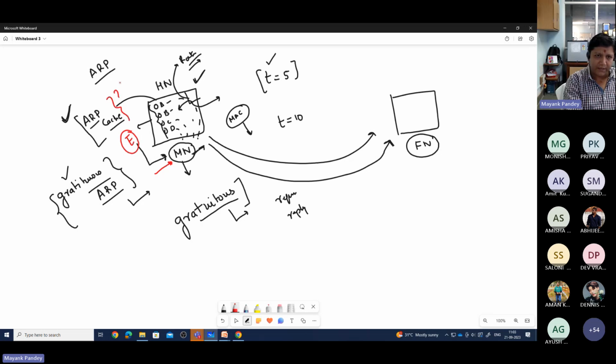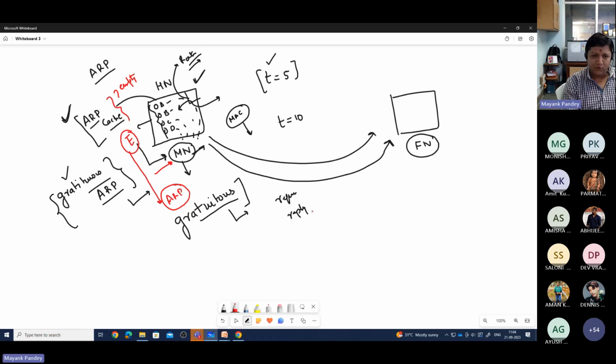The ARP cache is empty. Now E wants to communicate with this mobile node. Obviously, E will run an ARP, but the mobile node is not there. What will happen?